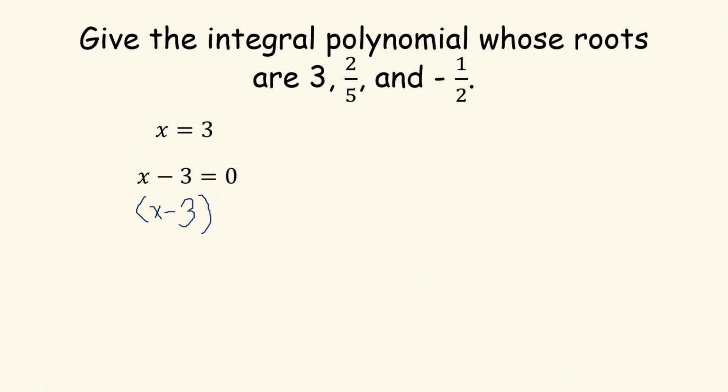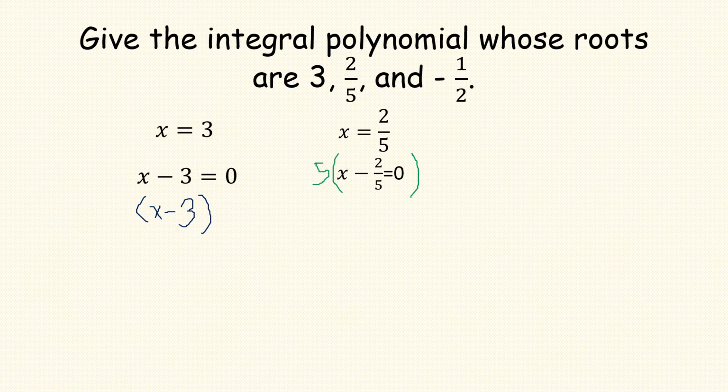Then, after that, dun tayo sa 2/5. So, we have as a factor, magiging x is equal to 2/5. Then, i-equate natin siya sa 0. So, itra-transpose natin yung positive 2/5 magiging negative 2/5. Then, ang gagawin natin ay ita-times natin siya sa kanyang LCD para makuha natin yung factors.